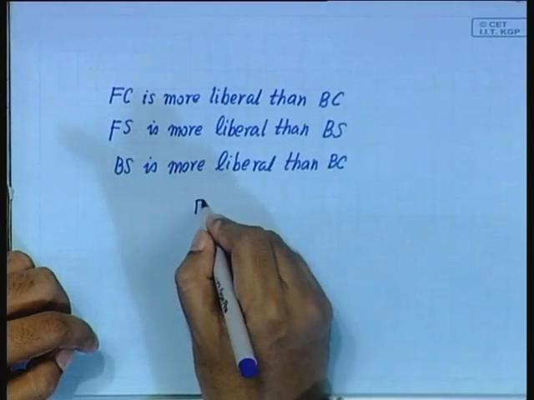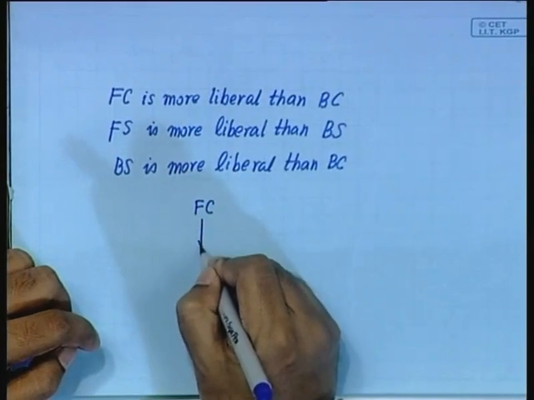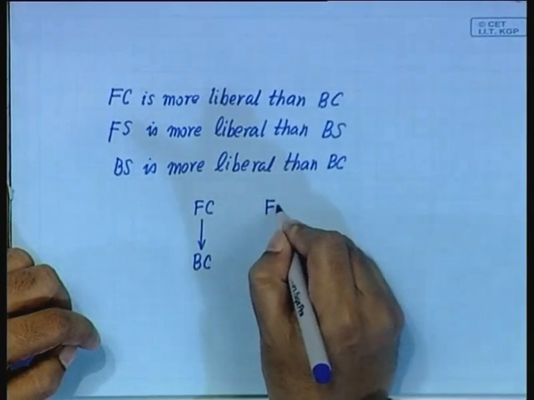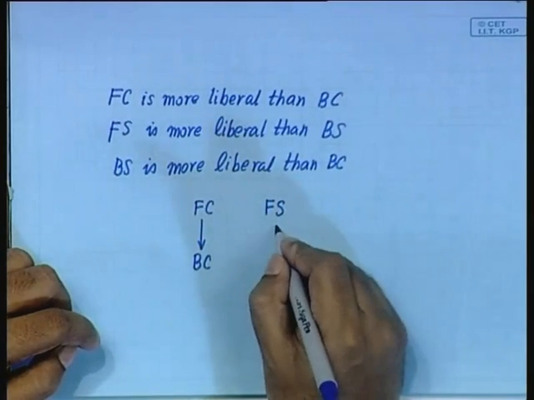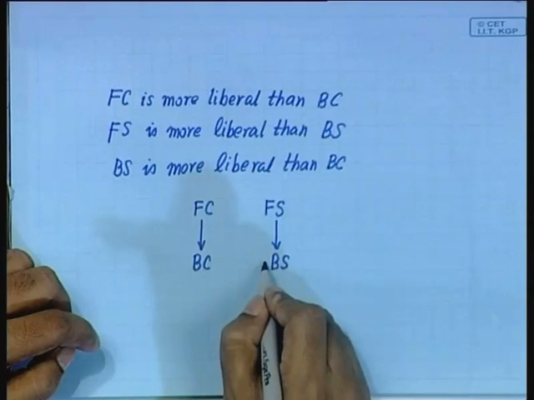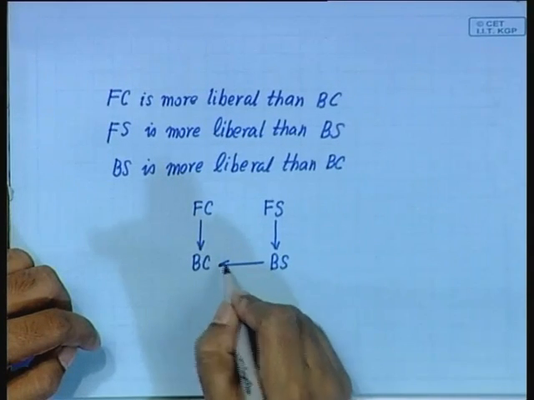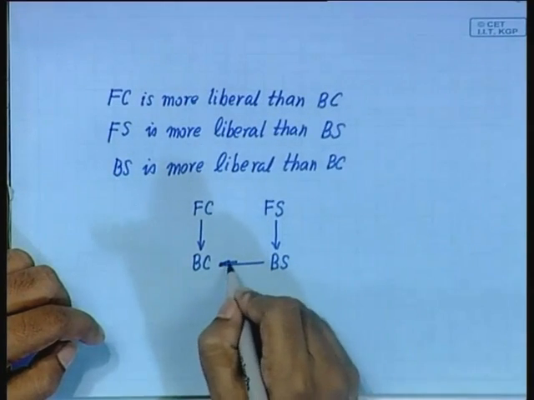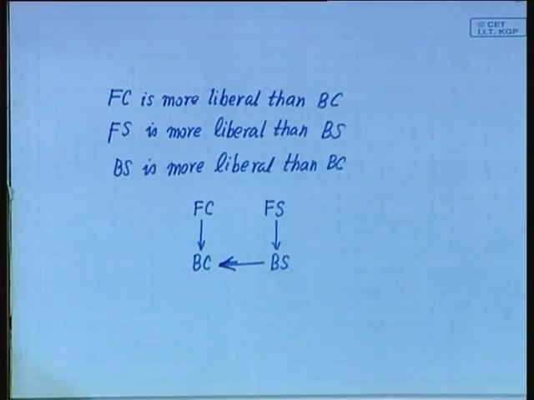So, Fc is more liberal than Bc, Fs is more liberal than Bs, and Bs is more liberal than Bc, right.